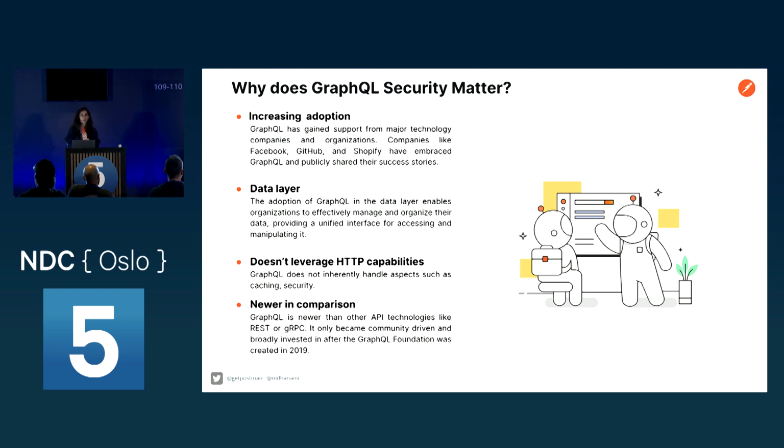One more thing to remember is that it doesn't leverage any of the capabilities of HTTP, and there is a lot of custom-made tooling to handle things like caching and security, but there still aren't any solution leaders in distributed systems or caching or security; they haven't been determined as yet.